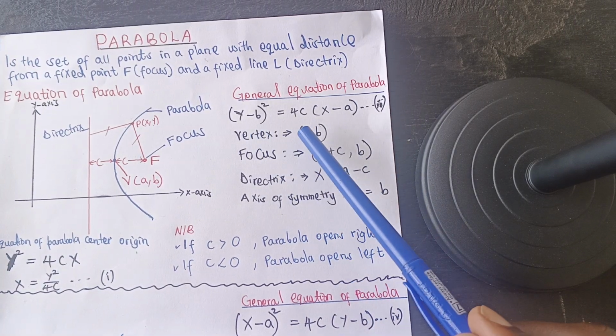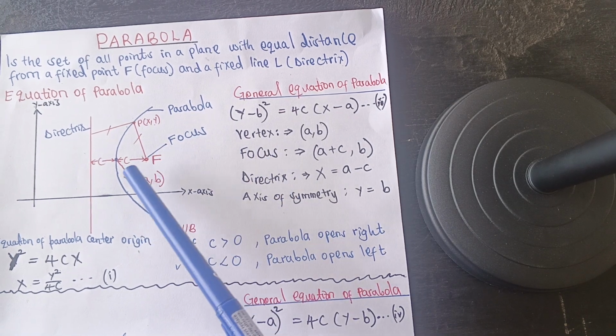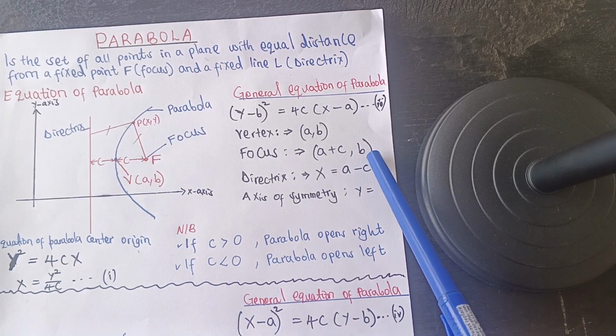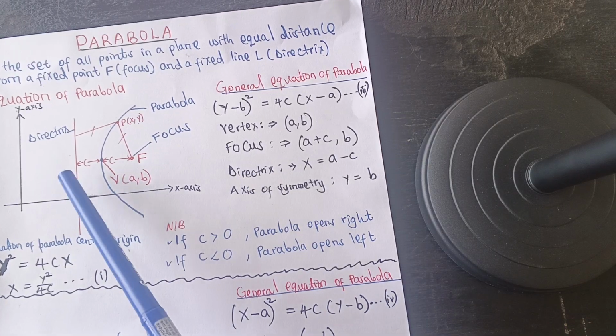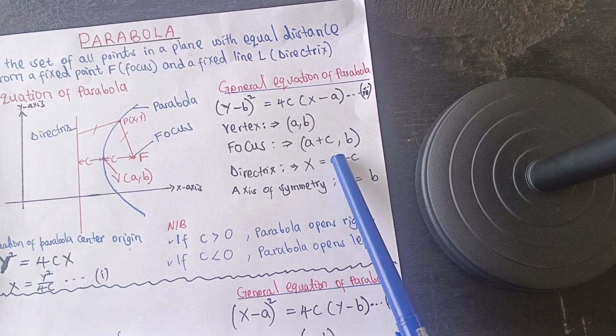And the vertex will be a, b as shown, and the focus will be a plus c, b. This will be the point at the focus, and the directrix will be x equal to the value of a minus the value of c.